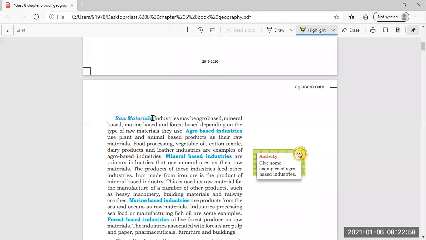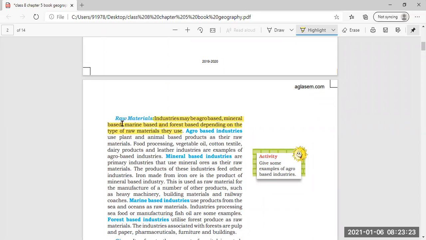Now, first, on the basis of raw material, how these industries are classified. Industries may be agro-based, related to agricultural produce, mineral-based, that is related to minerals, marine based, that is related to water, and forest based, that is related to the products of the forest, depending on the type of raw material they use.